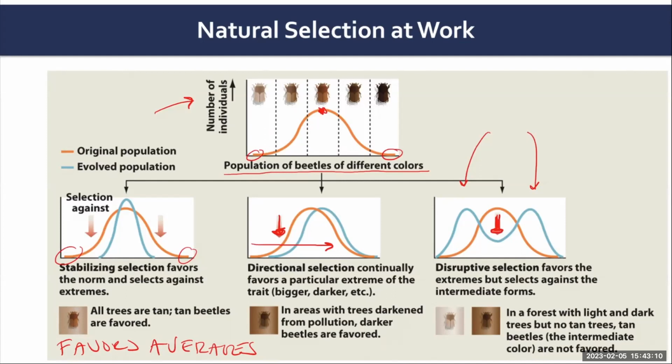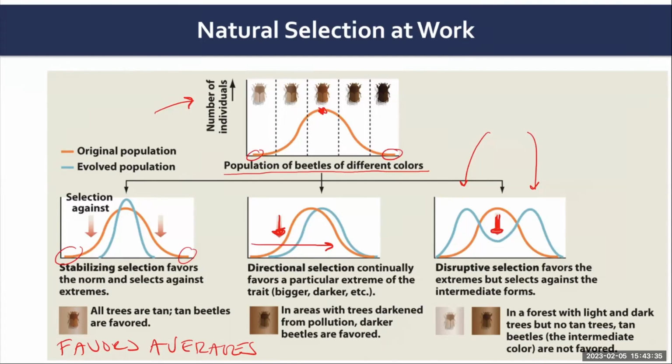The medium colored beetles are going to stand out on both tree types and be selected against. This is, again, a predator-prey kind of example, but other types of selective forces would work in a similar way.